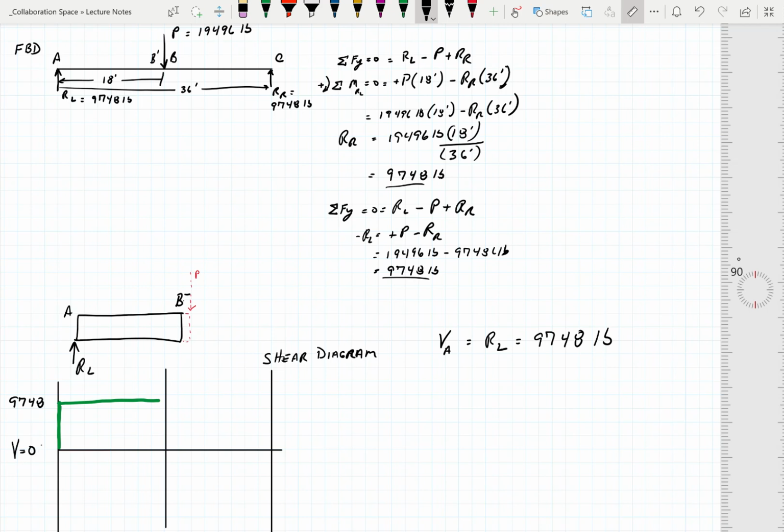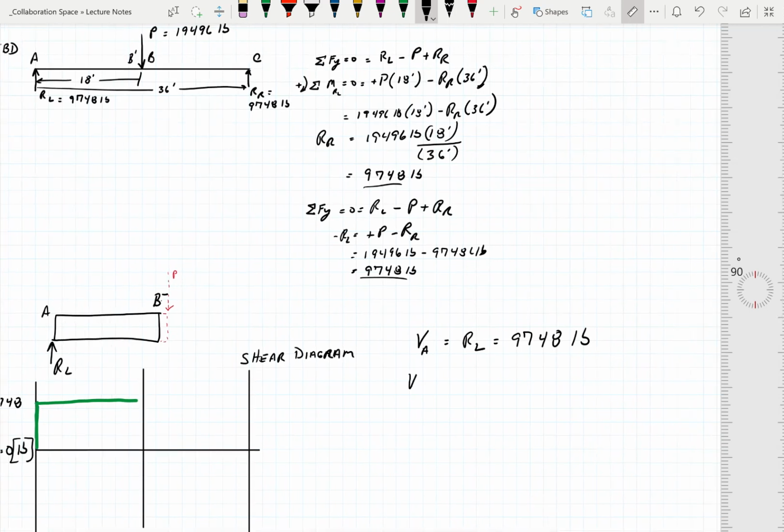And I usually put the units down here so you don't have to fight with it, okay? But when I get to VB minus, we're still equal to RL, 9,748 pounds, okay? But here comes the kicker.